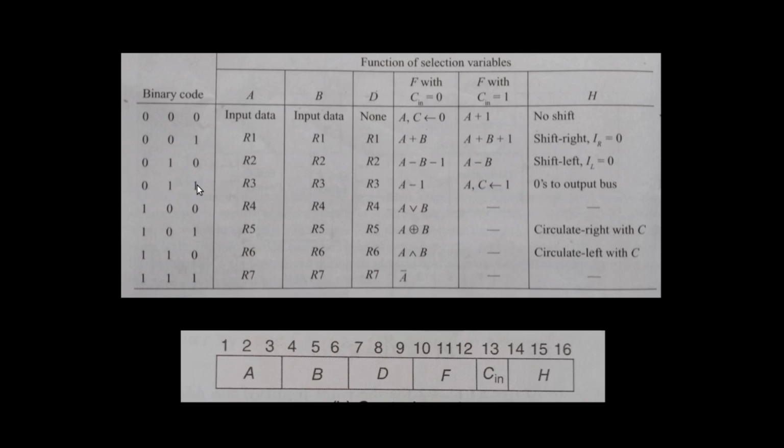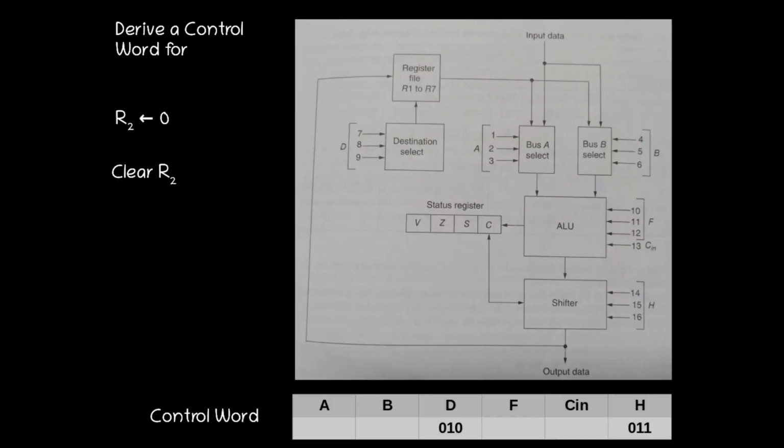When we give 011 to the H input, zeros will be available at the output of the shift unit irrespective of the output of the ALU. So in this case we simply have to specify the destination register and the H input. All others are don't cares. So here we give 010 for the D field because of register R2, and 011 for the H field.